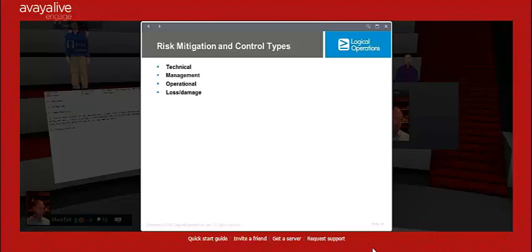For example, fire extinguishers, sprinkler systems. While technically those are operational controls, these types of controls are explicitly designed to minimize loss. Those are loss/damage controls.